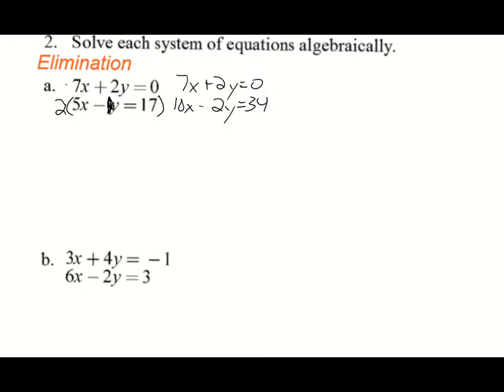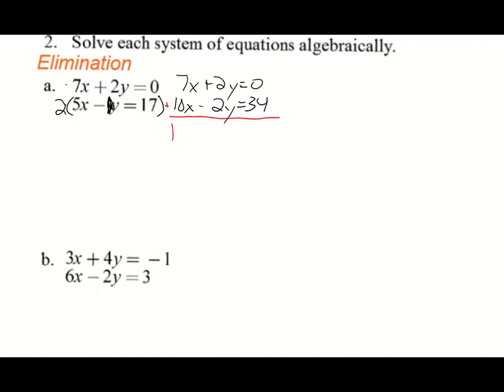The reason we wanted the positive 2y and the negative 2y to line up is because we're just going to smash these two equations together. I'm just going to add everything together. The x's go together, the y's go together, and the other side of the equal sign, they go together.